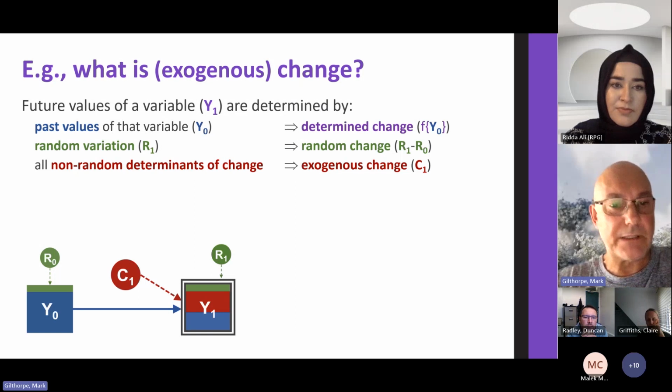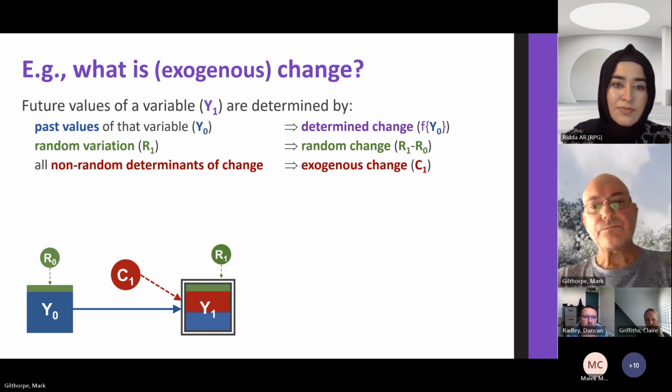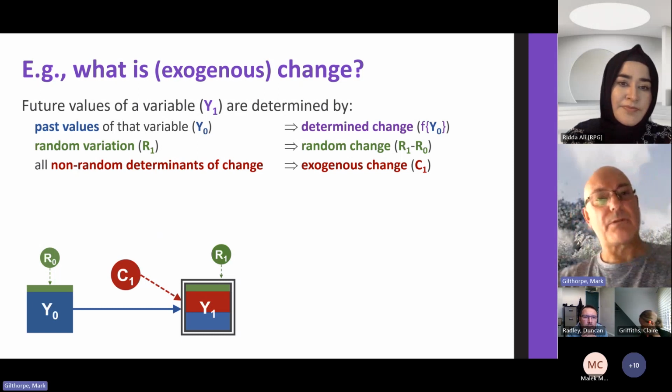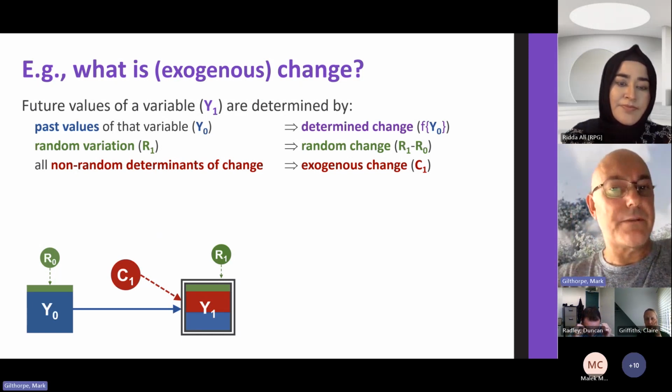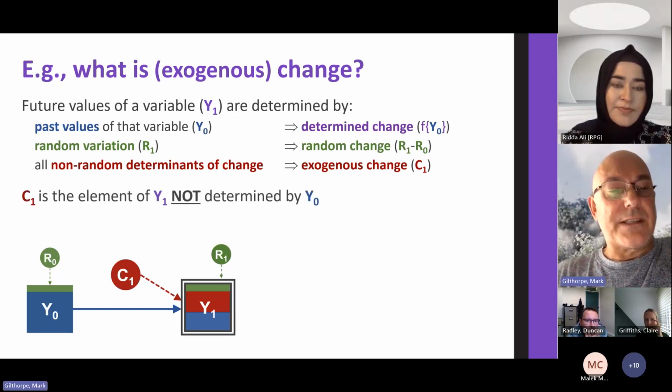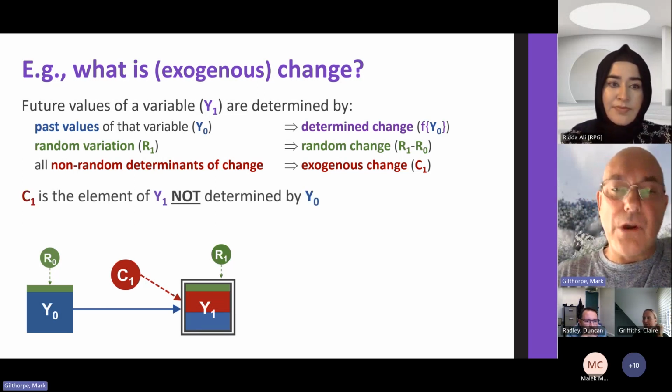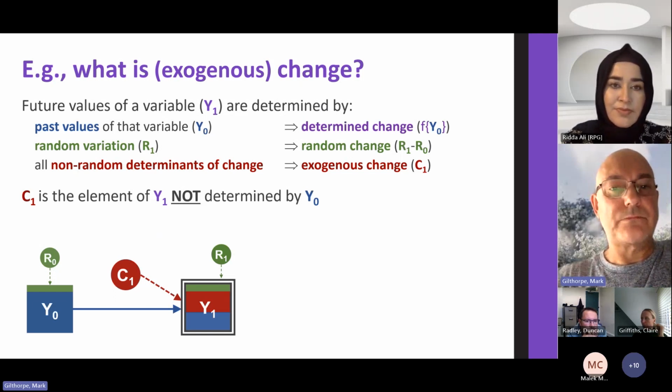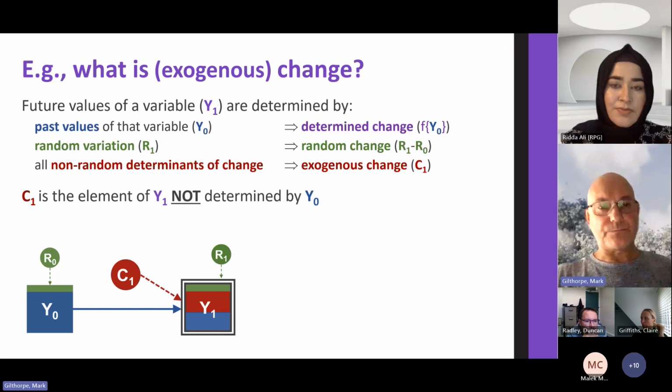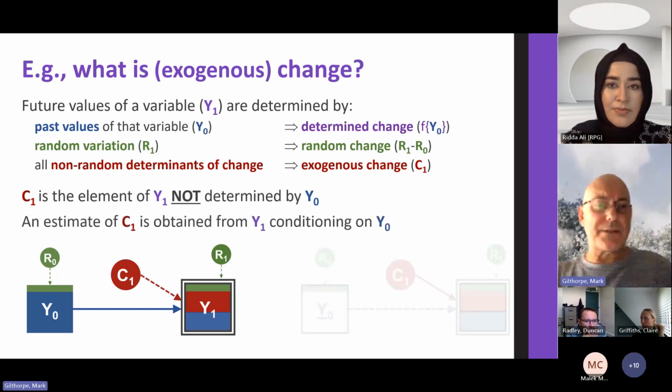And it's in a circle because it's latent. It can't be obtained directly. But that's actually probably what we really want to consider when we're analysing change. So it's the element of the follow-up that's not determined by the baseline and the bit of noise as well, but that's usually unavoidable. So how do we get at that?